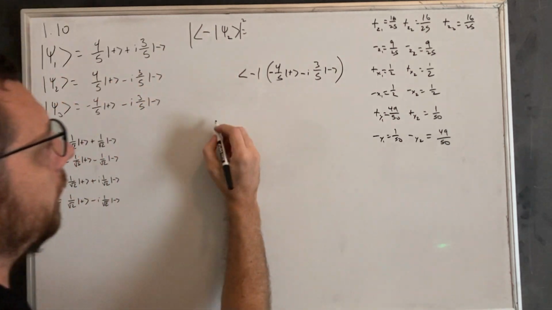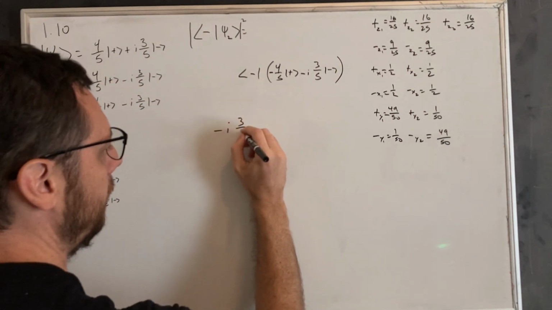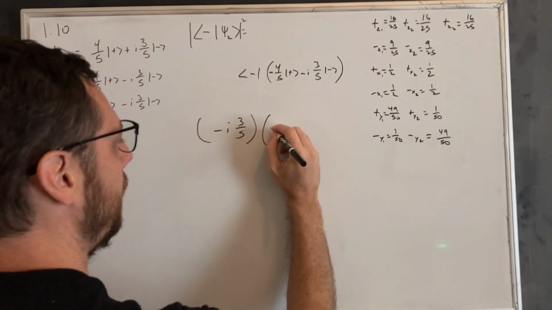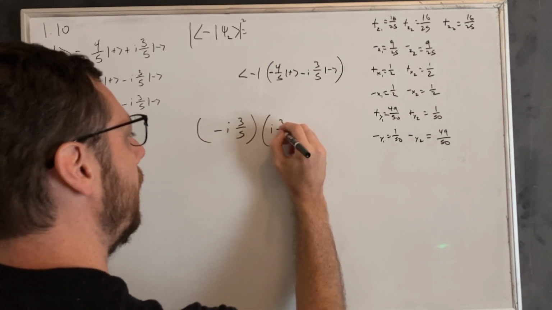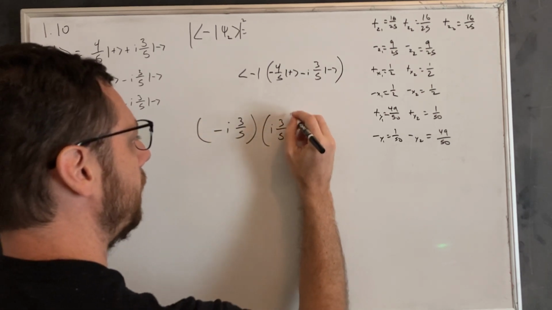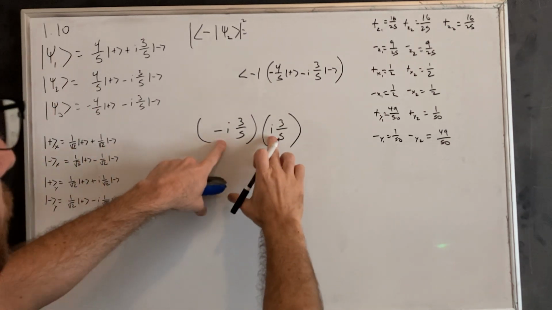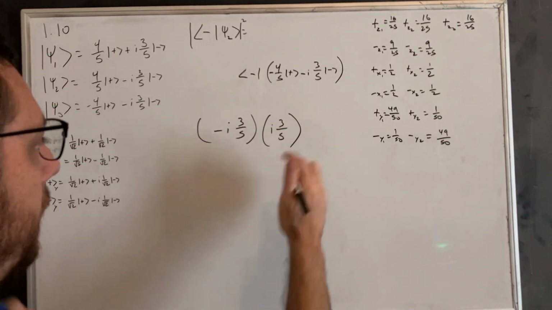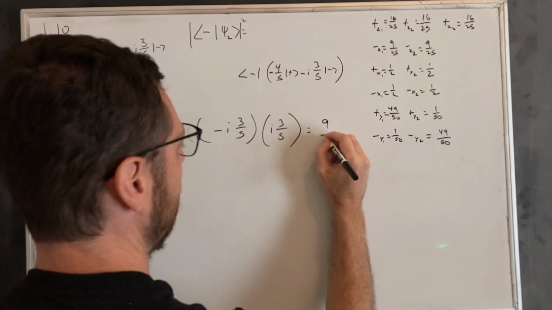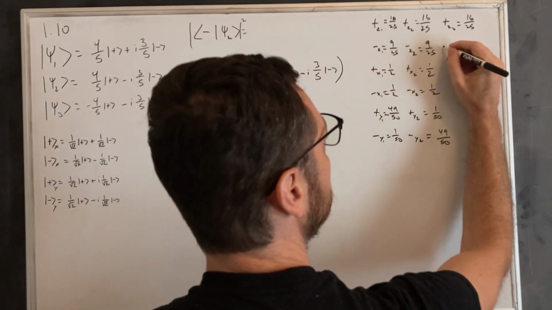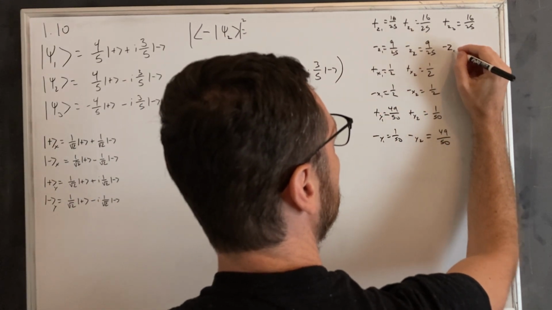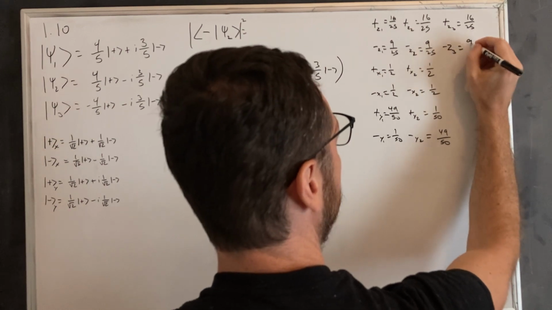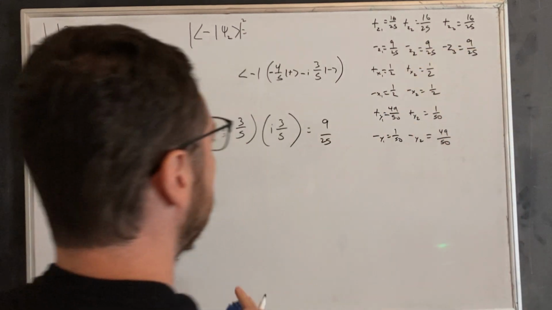We'll keep the negative I 3/5, multiply it with a complex conjugate, so plus I over 3/5. The negative I squared will cancel out, become positive 1, and we'll be left with 9 over 25. So down in our z for state 3 is going to be, again, 9 over 25.